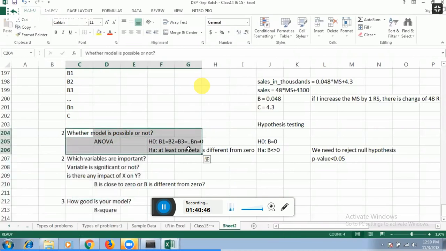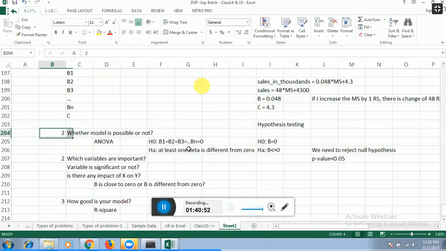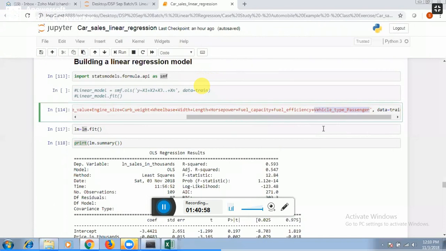So basically, whenever I'm looking at the output, I need to look at all these four outputs. Okay, now let's see how these concepts I'm explaining apply.